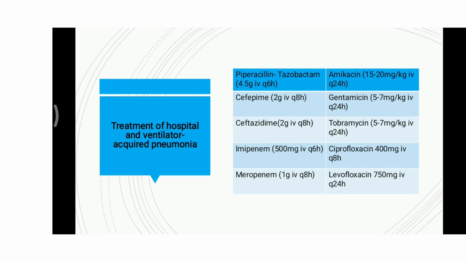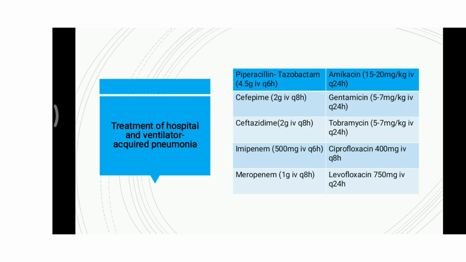Now, in the treatment of hospital as well as ventilator acquired pneumonia, let's study now. Here we can see 2 columns, but we can choose any drug of the 2 columns. So for example, if we take piperacillin and tazobactam, along with this drug, we can use any of these 5 drugs, that is amikacin, gentamicin, tobramycin, ciprofloxacin or levofloxacin.